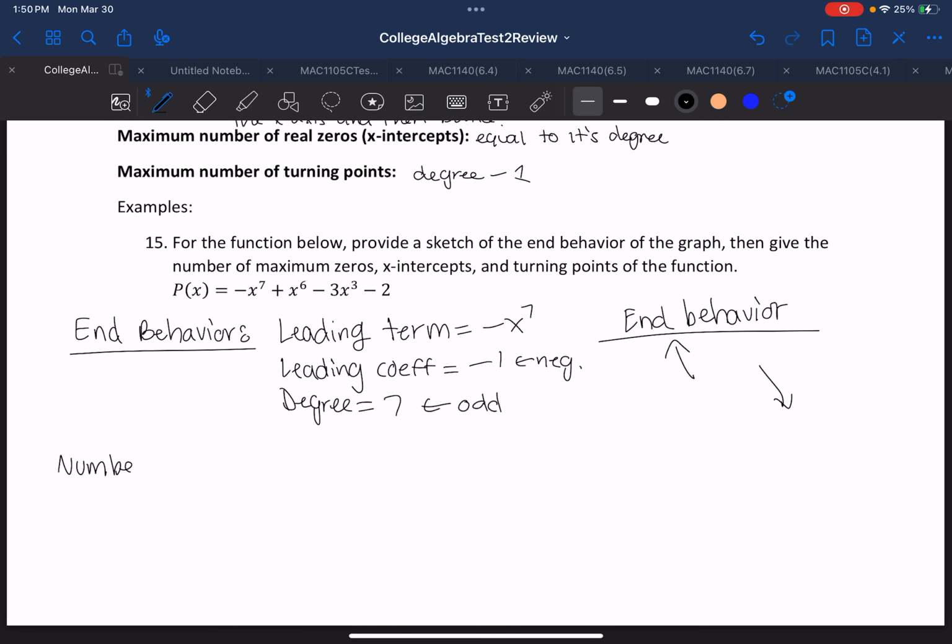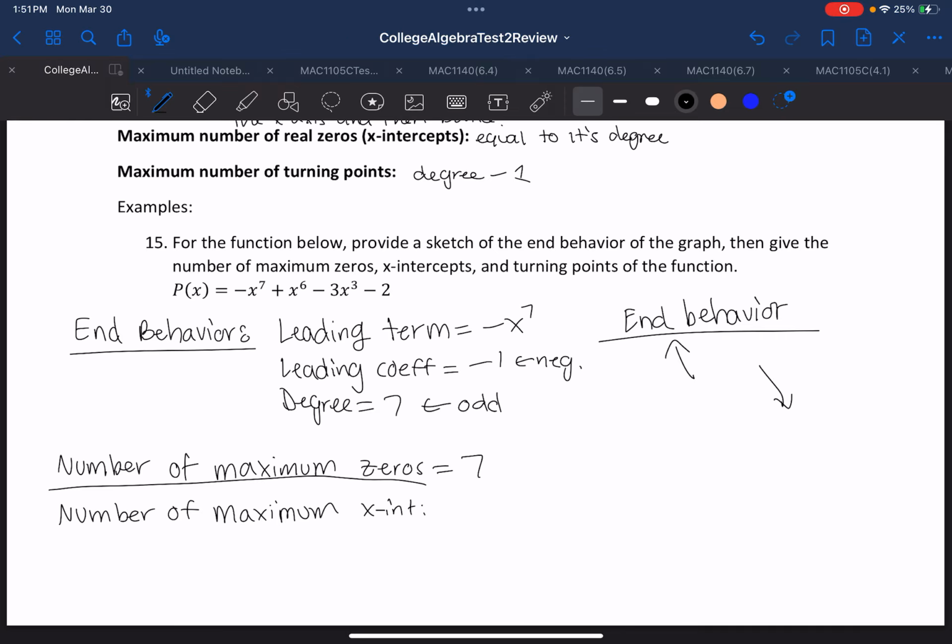And then the number of maximum zeros is equal to the degree, which is 7. It's the largest exponent. And this is the same thing for the number of maximum x-intercepts, since they are the same thing.